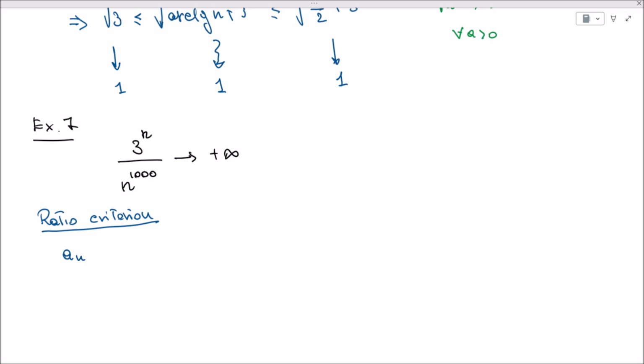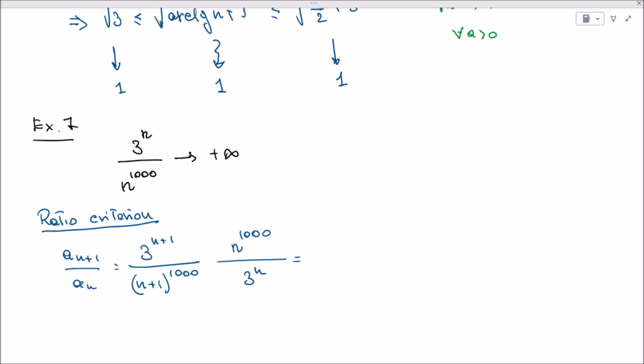So a_{n+1} divided by a_n, in this case, will be 3 to the n plus 1 divided by n plus 1 raised to 1000, and then multiplied by the inverse of a_n, which will be simply n to 1000 divided by 3 to the n.